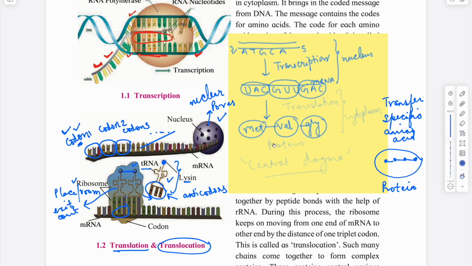This long chain of amino acids is known as protein. This process, in which protein is produced from mRNA, is known as translation. And translation takes place with the help of ribosomes and transfer RNA, right? This step takes place in the cytoplasm, right? And this whole transcription and translation together is the central dogma.